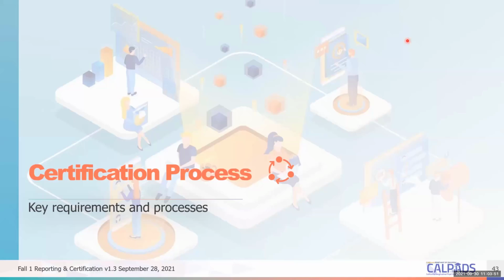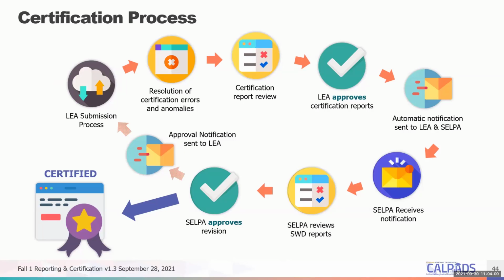So assuming you've already posted your records to CalPADS, so you have your LEA submission process here, and assuming all 6 files are now in the CalPADS ODS, you believe all of the records have been posted to CalPADS, then you proceed to go through the certification process.